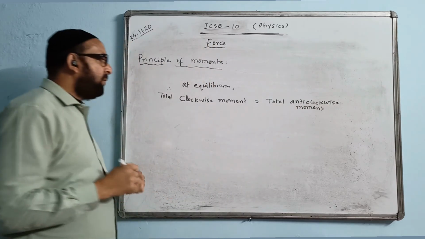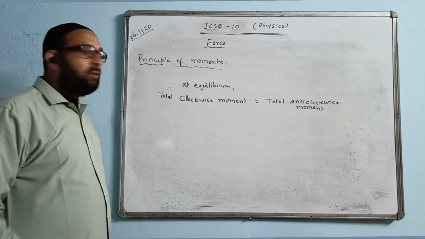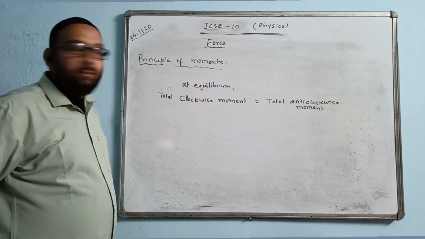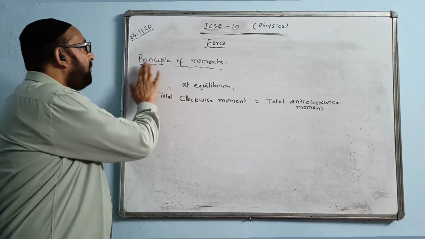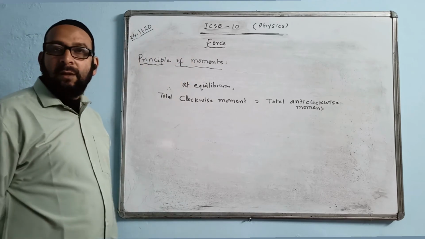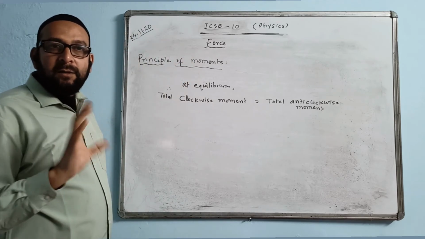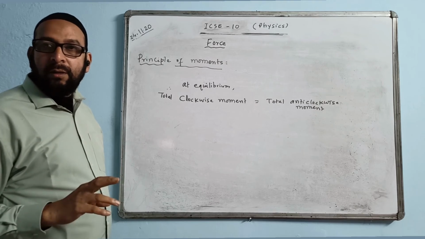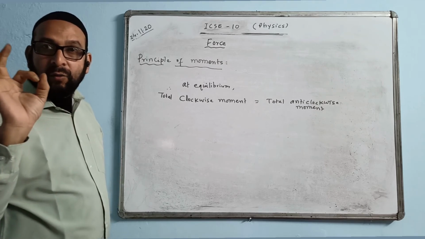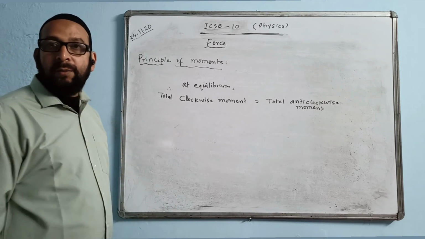We write out this information. Total clockwise moment is equal to the total anti-clockwise moment. This principle is called the principle of moments. Moments on both sides you are making equal, and the total moment will become zero. Then the body will remain in equilibrium.